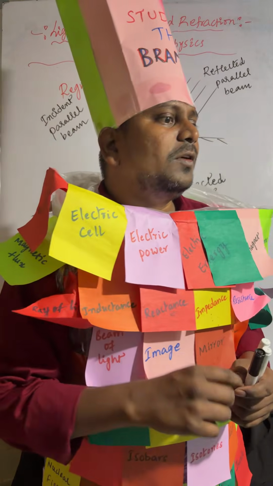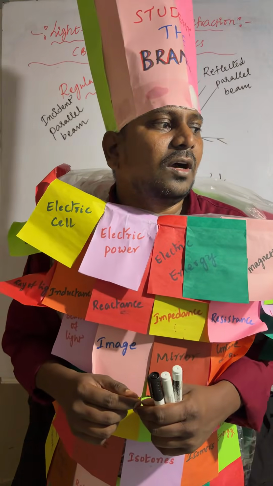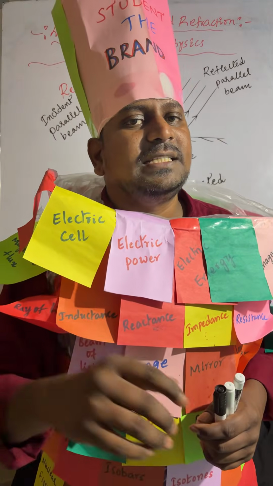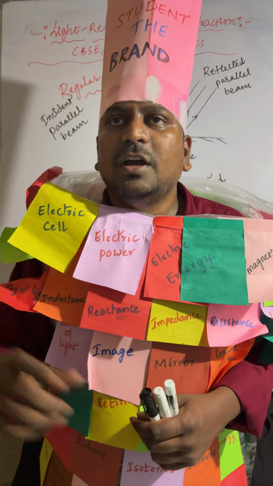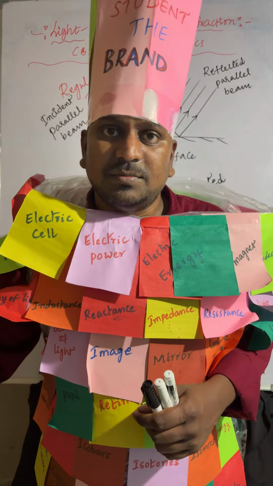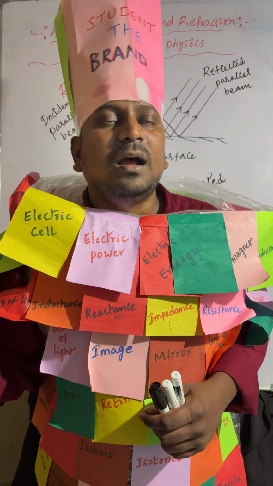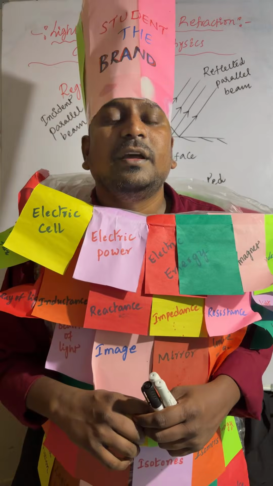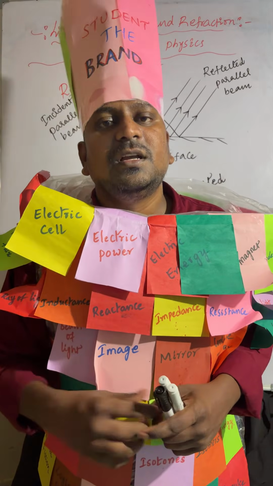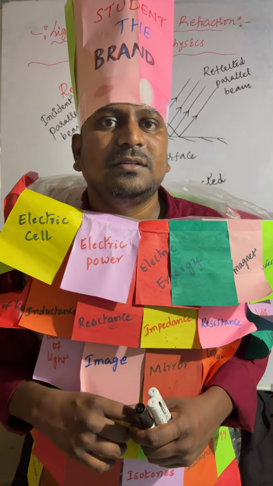And one more question. Where does irregular reflection take place? For example, irregular or diffused reflection takes place on a cinema screen, a wall and a book.